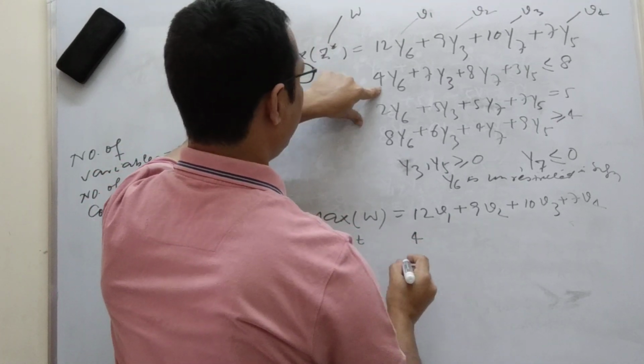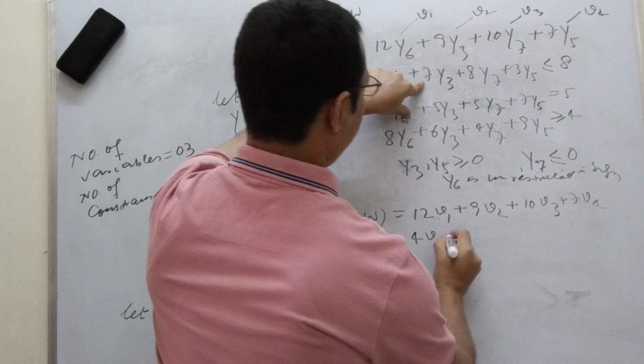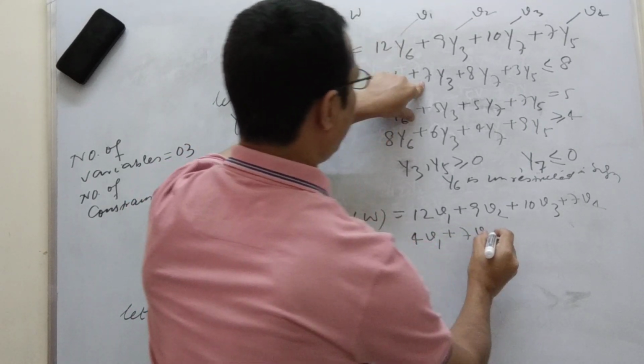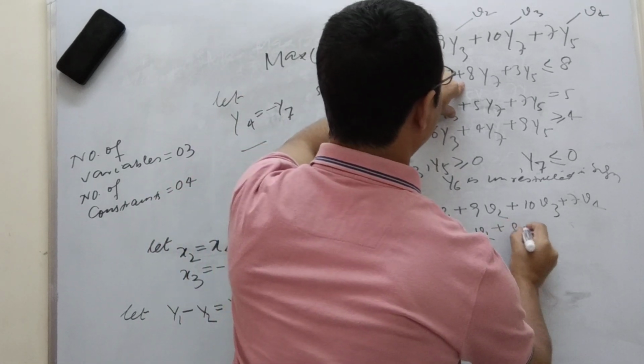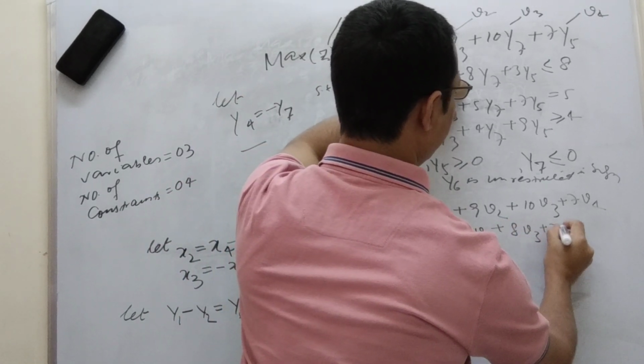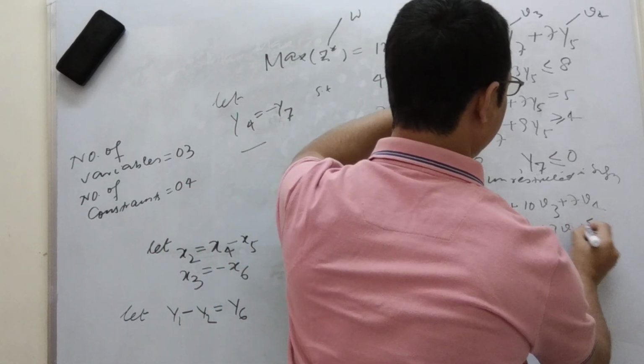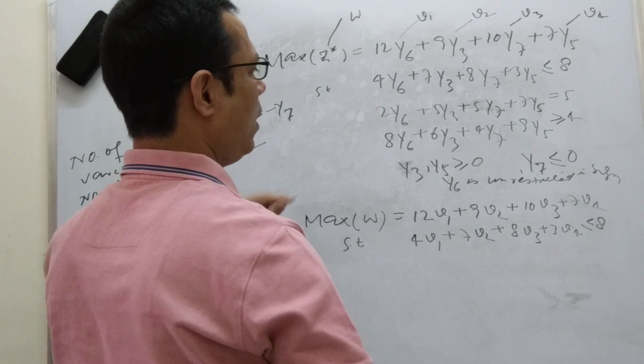Subject to 4 v1 plus 7 v2 plus 8 v3 plus 3 v4 less than or equal to 8. Are you getting?